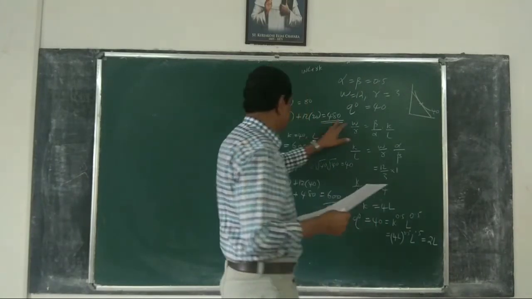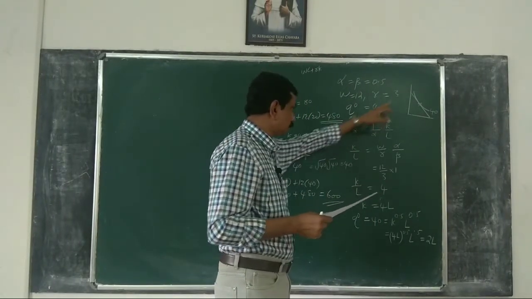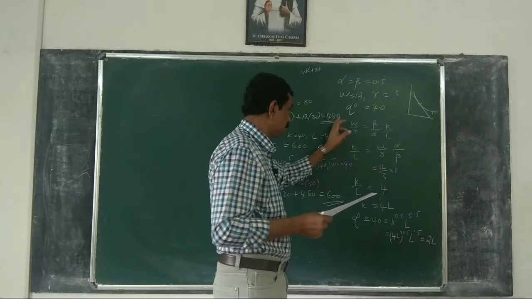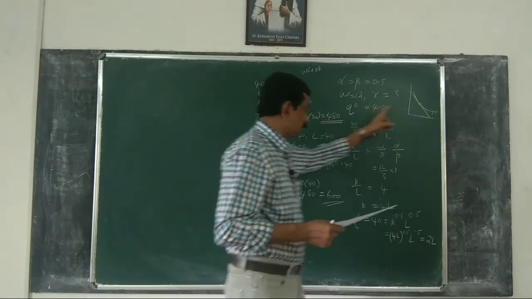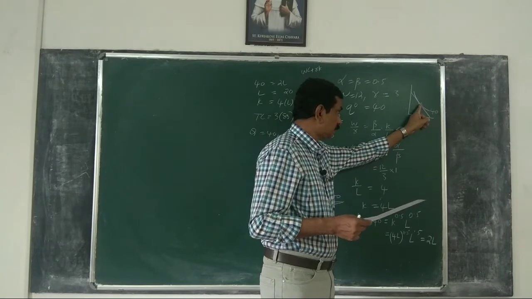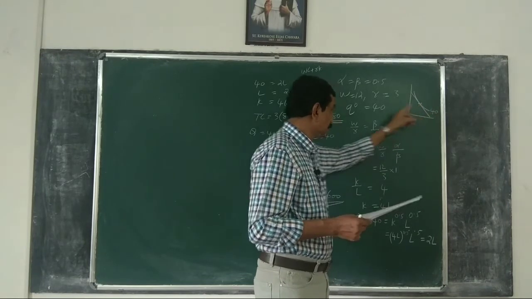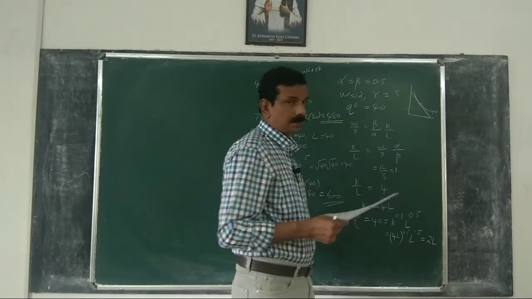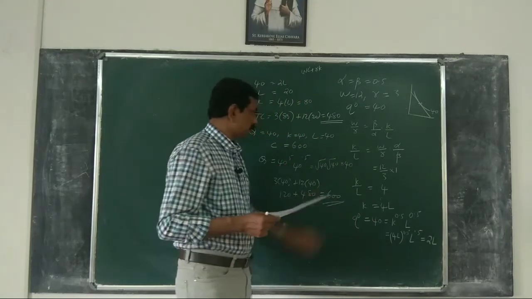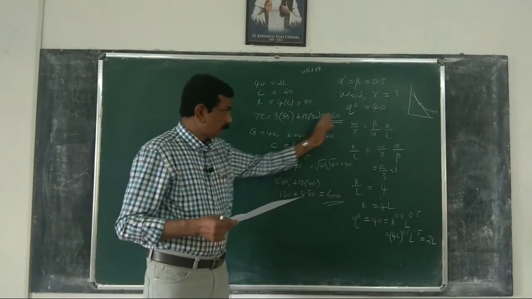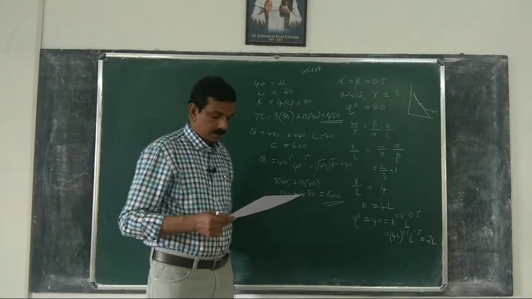Total cost is 480. So this point represents a cost of producing output 40 with 480. Any other combination of capital and labor will give you a higher cost compared to this.